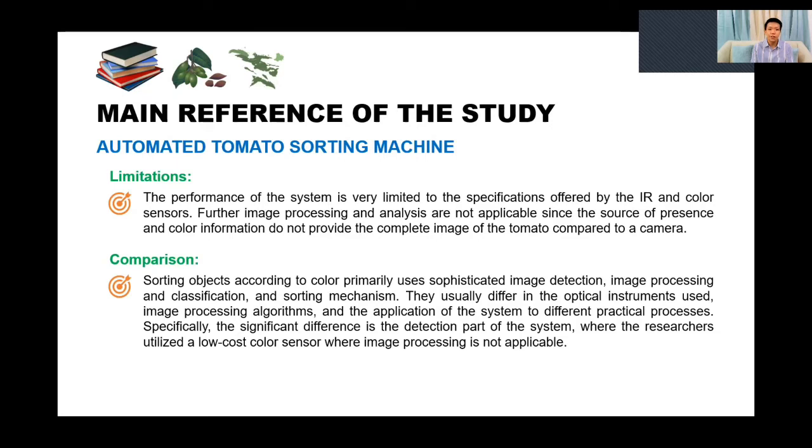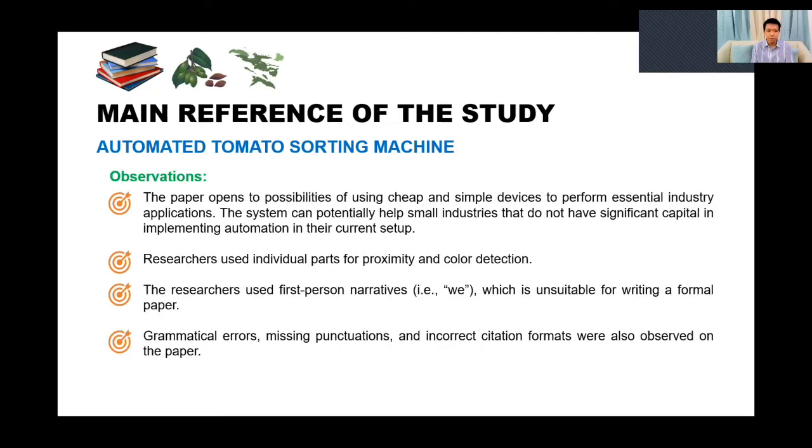They usually differ in the optical instruments used, image processing algorithm, and the application of the system to different practical purposes. Specifically, the significant difference is the decision part or the detection part of the system, where the researchers utilize a low cost color sensor, where image processing is not applicable.